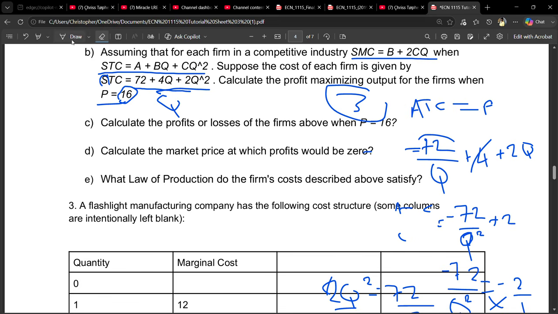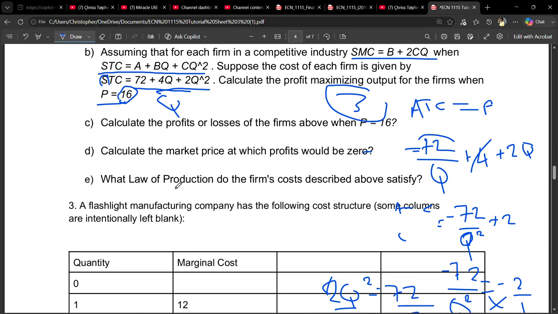Okay, question E. Question E was saying, what law of production do the firm's costs described above satisfy? So whatever is being satisfied here is falling under the short run, and the law is simply diminishing marginal returns.